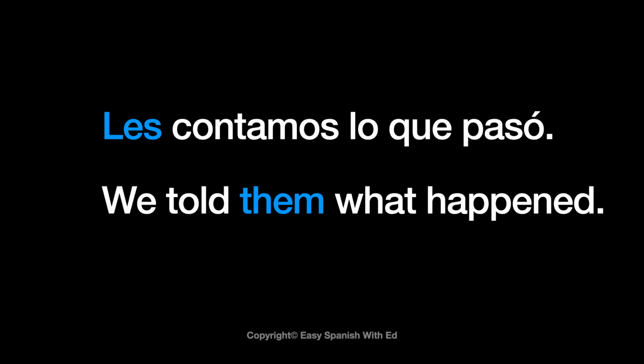How would you say, we told them what happened? It would be, les contamos lo que pasó. Here there is an exchange of information, so we have to use the third person plural indirect object to represent them.